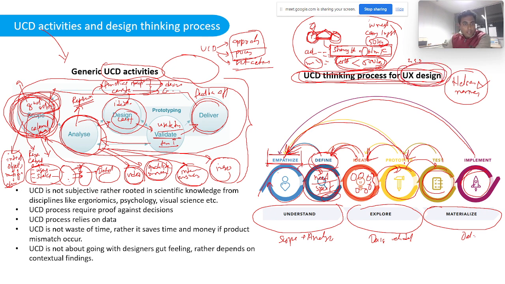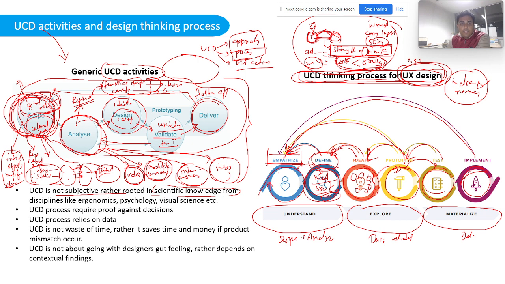Okay, so what we understand from these activities and the design thinking process is that the user-centric design process is not just a subjective process. Okay, it's rooted in deep scientific knowledge. That means whatever process we are doing is systematic, organized, and the way we are capturing data is either quantitative or qualitative, and there are ways to capture information, and ways to analyze information.